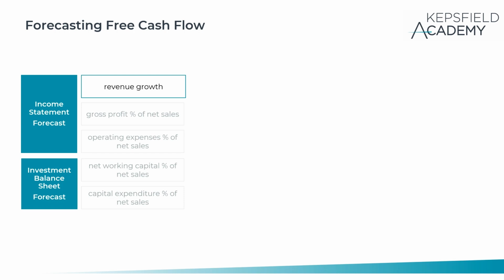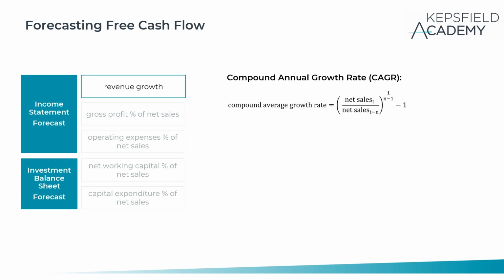A metric that is often used is the compound annual growth rate, CAGR. The CAGR is the average annual growth rate required to grow linearly from sales in the first historical period under review, T-N, to sales in the last historical period under review, T. The formula for determining the CAGR for revenue is revenue in the final year T divided by net sales in the starting period T-N, to the power 1 divided by N, minus 1.